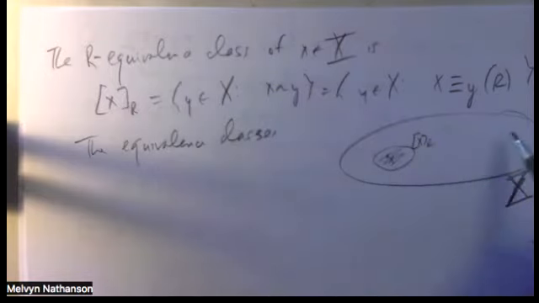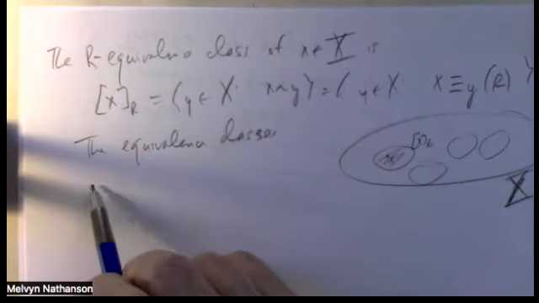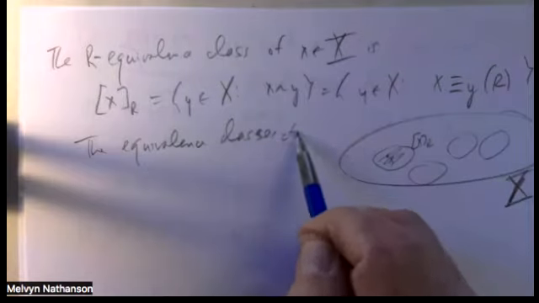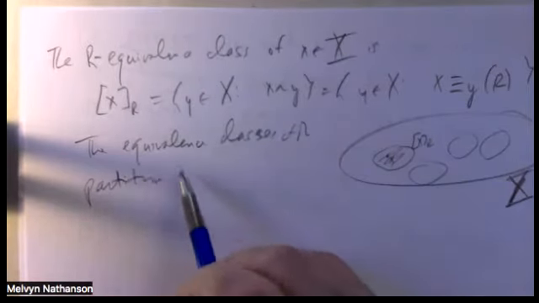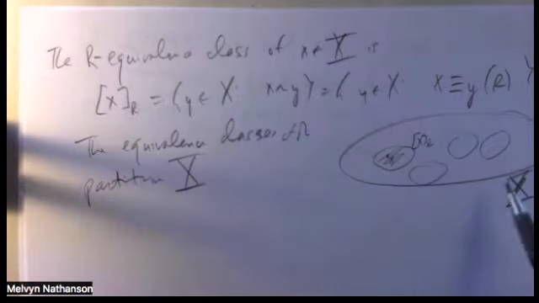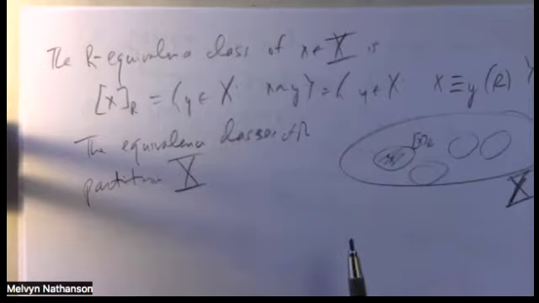And these different equivalence classes partition the set. So the equivalence classes of R partition the set X. That just means every element in X is in one equivalence class. And if you take two equivalence classes, they either have no elements in common or they're exactly the same.